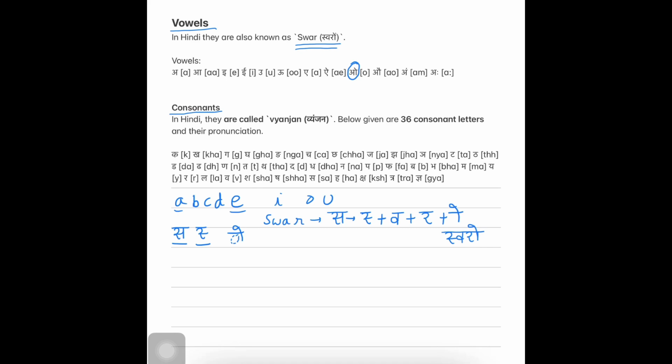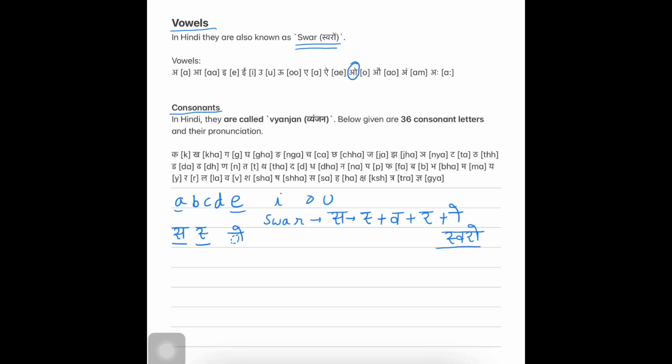However, the correct pronunciation is not swaro, it's swaron. You might be able to spot the difference. Swaro and swaron. The correct pronunciation is swaron, not swaro.